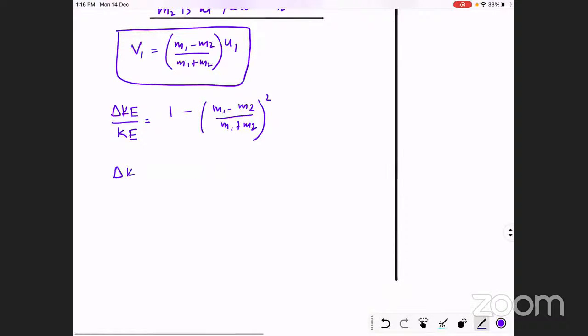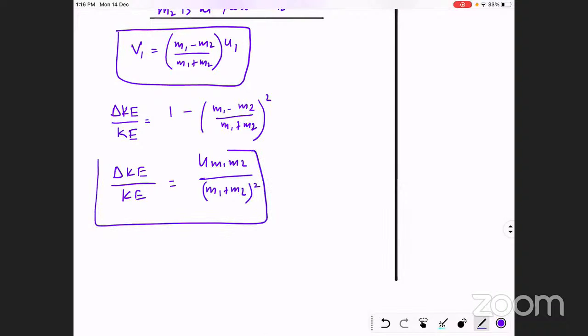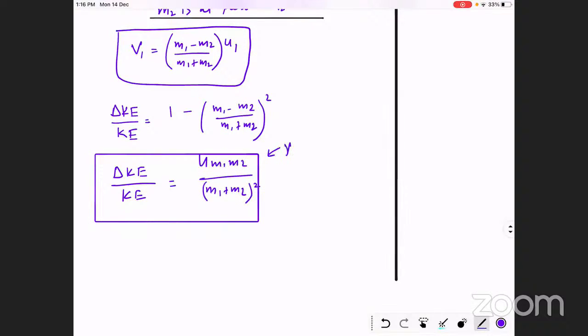If you solve this bracket, you will get 4 m1 m2 upon m1 plus m2 whole square. Very important result for tough questions.